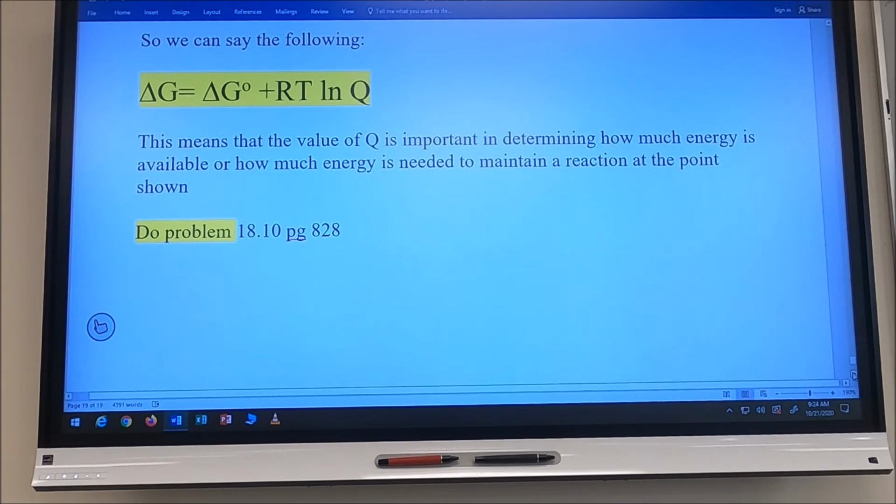So we can take that equation and go one step further. We can say delta G equals delta G0 plus RT ln of Q. So let's look at page 828, problem 18.10.